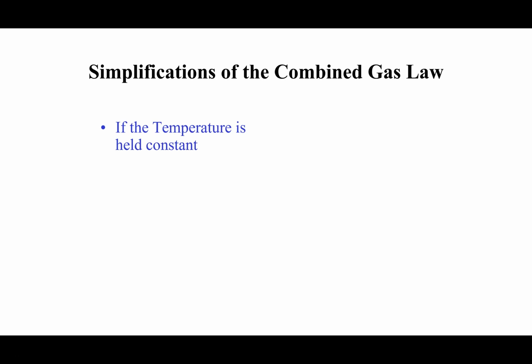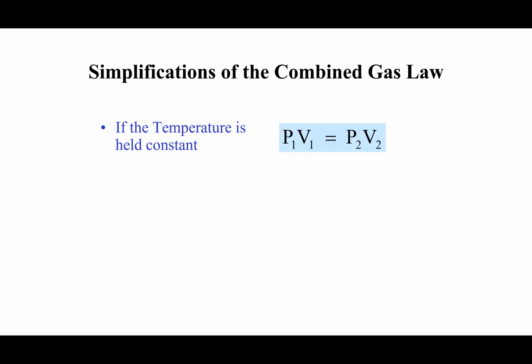To follow up on that, we have these versions of it. You don't have to memorize these other versions. If you know P1, V1 over T1 is equal to P2, V2 over T2, that will get you down the road. What if your temperature is held constant in addition to your number of moles?